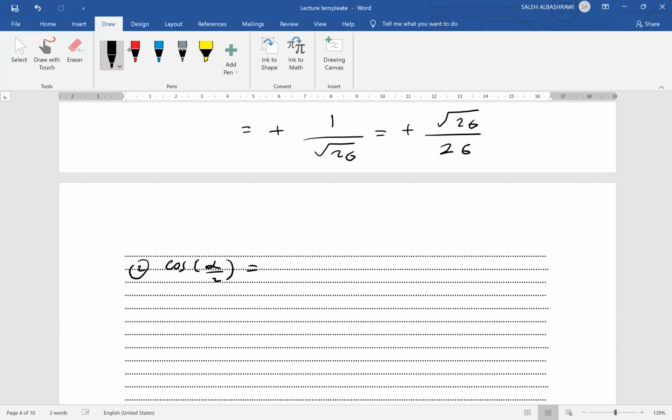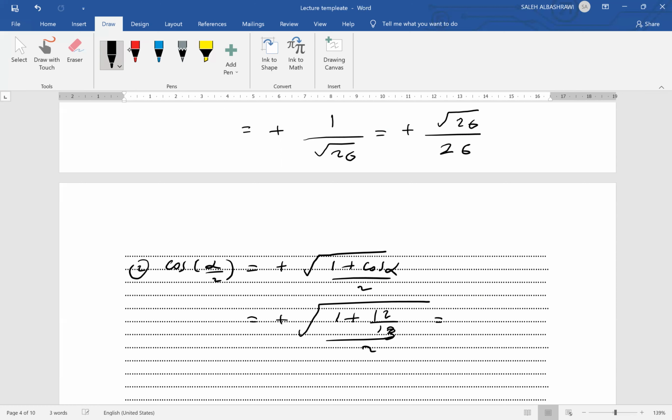Cosine alpha over 2 is plus the square root of (1 plus cosine alpha) divided by 2, which is positive. 1 plus cosine is 1 plus 12 over 13, all over 2.